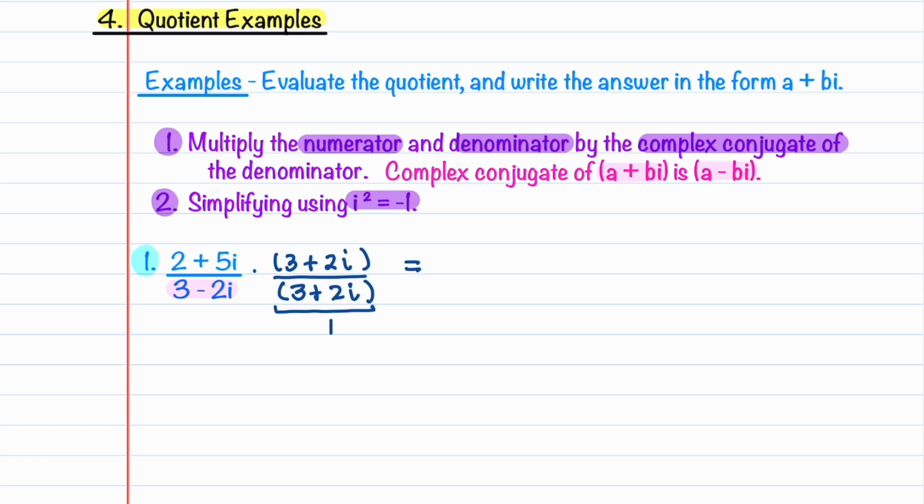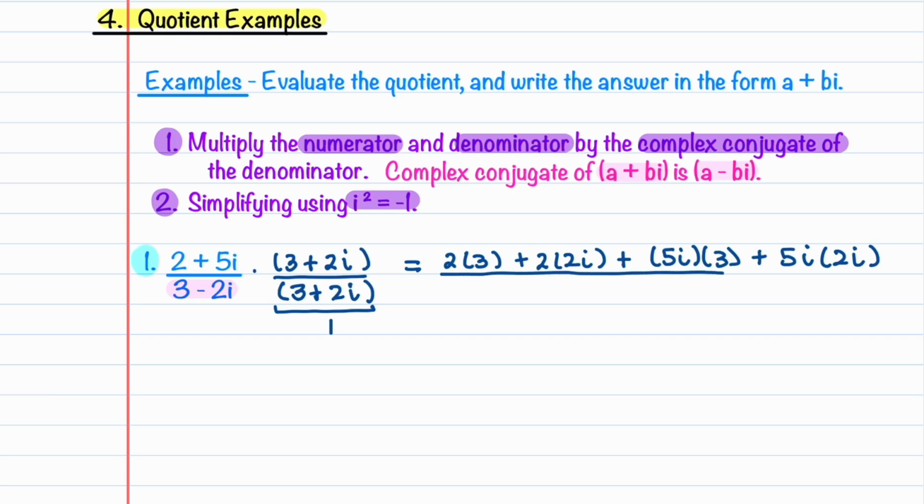Now we have to use the FOIL method. So we're going to use the FOIL method on the top. So we have our first terms, which is 2 times 3. And then our outer terms, which is 2 times 2i. And then our inner terms, which is 5i times 3. And then our last terms, which are 5i times 2i.